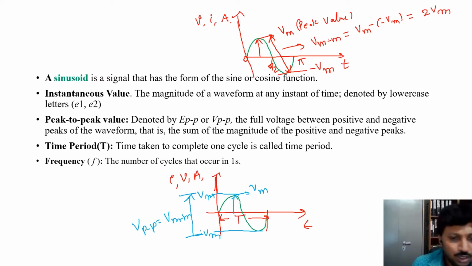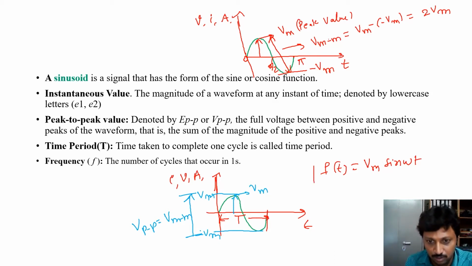The definition: a sinusoid is a signal that has the form of a sine or cosine function. This is a function of time. Generally we represent f of t equals Vm sine omega t.